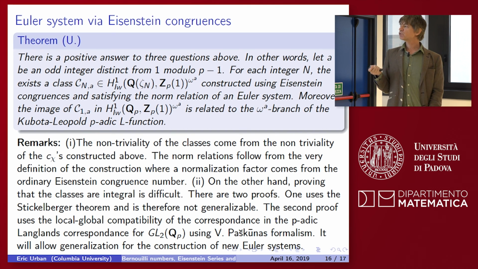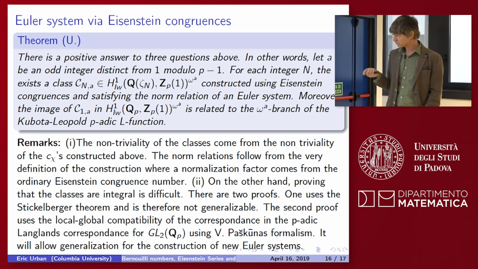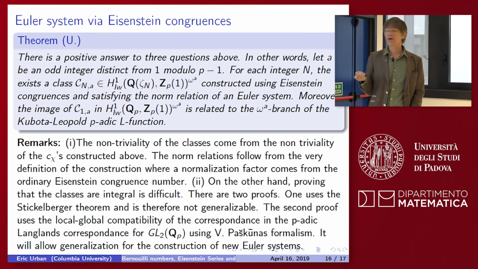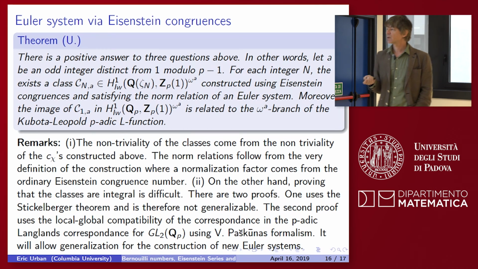So let me give you 2 remarks. The non-triviality of the classes constructed here comes from the non-triviality of the classes C chi constructed above. And the norm relations follow from the very definition of the construction as well, because you have a normalization factor that comes from the ordinary Eisenstein congruence number, which itself is related to L values.